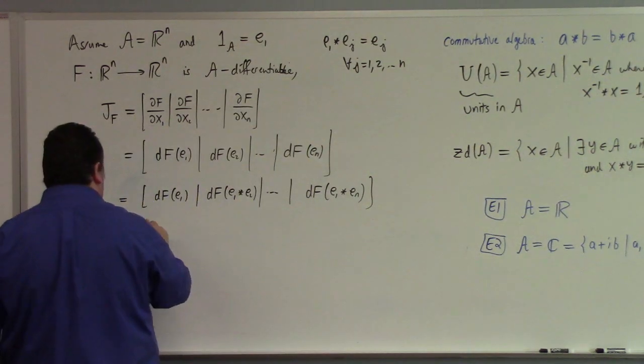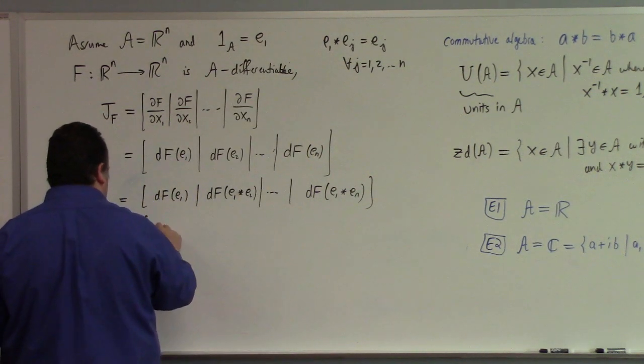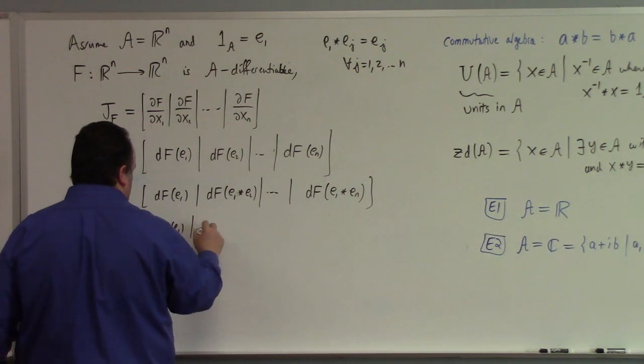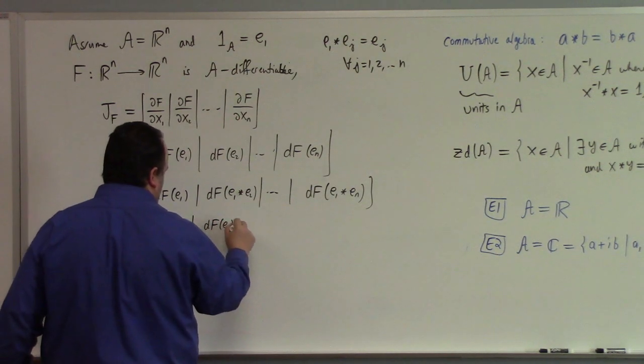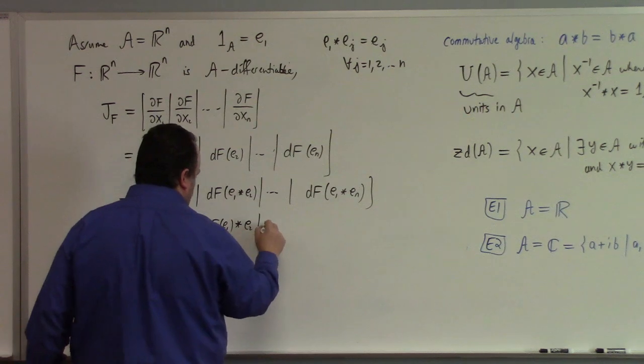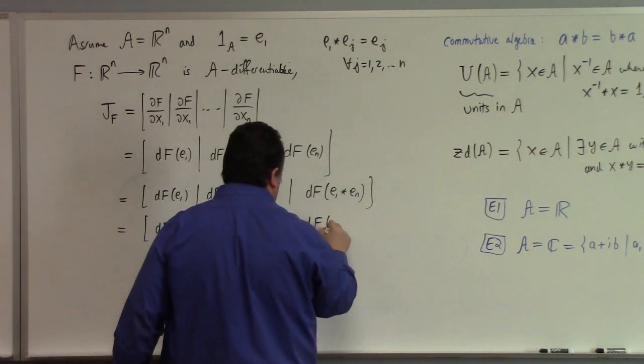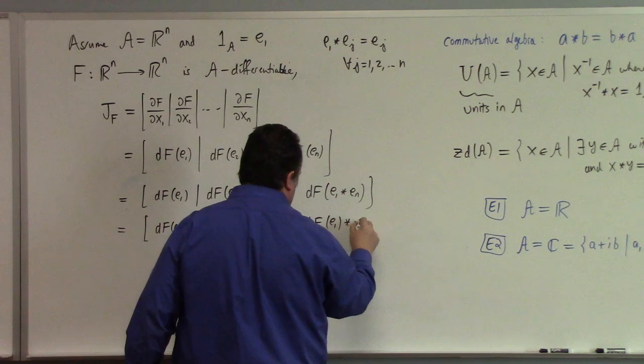What I have then is df of e1, df of e1 times e2, up to df of e1 times en.